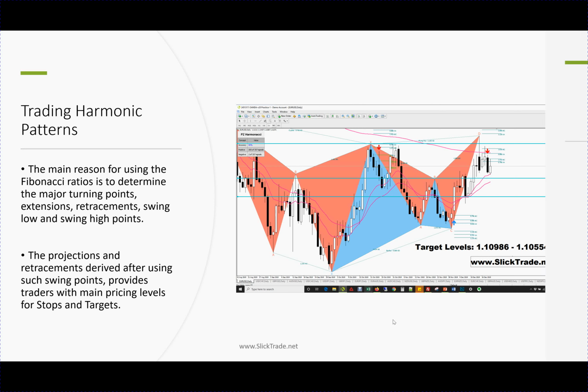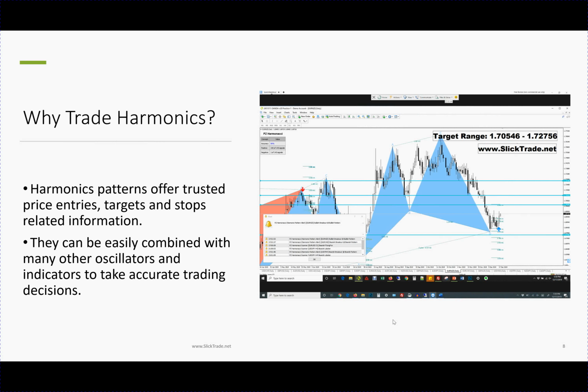Why trade harmonics? Harmonic patterns offer trusted price entries, targets, and stops. They can be easily combined with many other oscillators or indicators to take accurate trading decisions. Benefits of harmonic patterns.